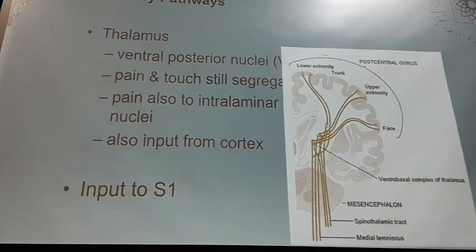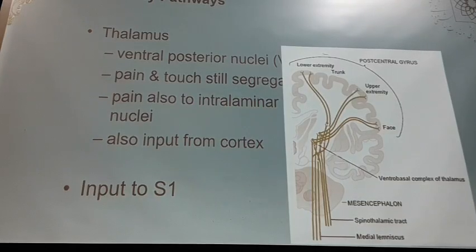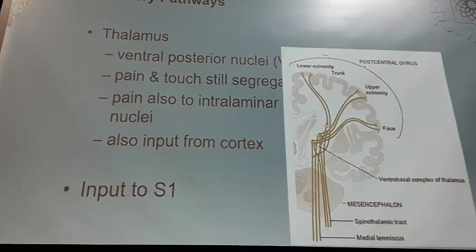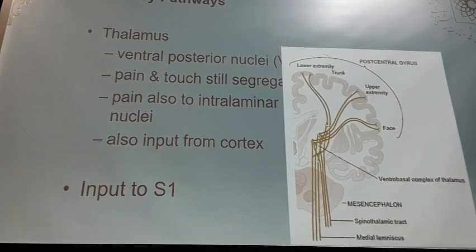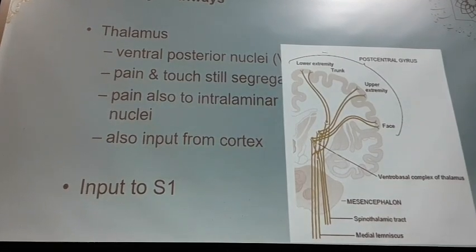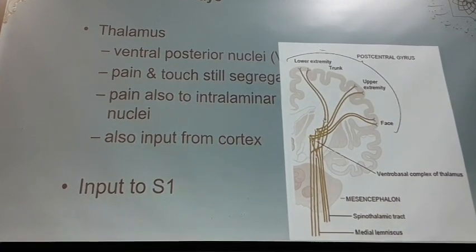In the thalamus, I told you that the thalamus has several nuclei, and these nuclei receive the information. The thalamus is not only a filtration stage, but also does some degree of processing.